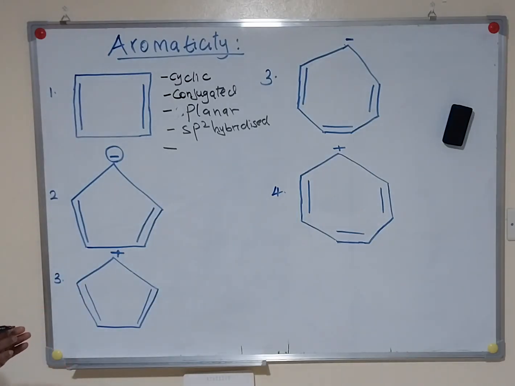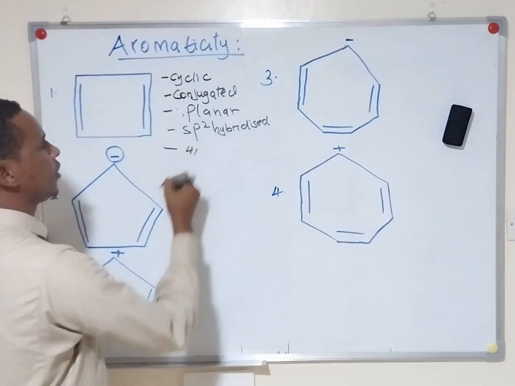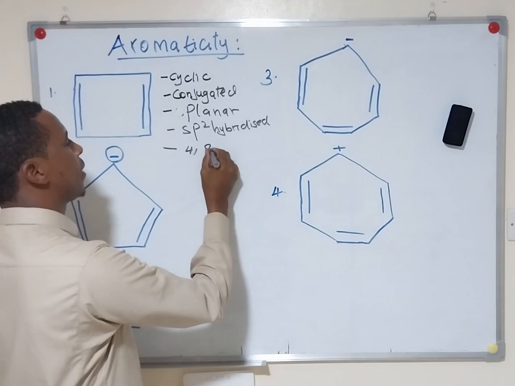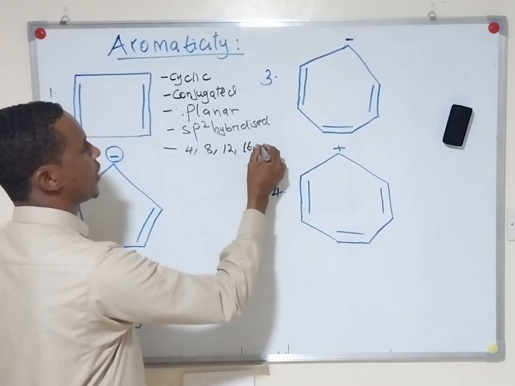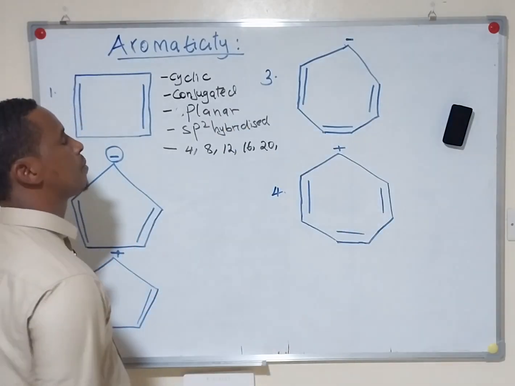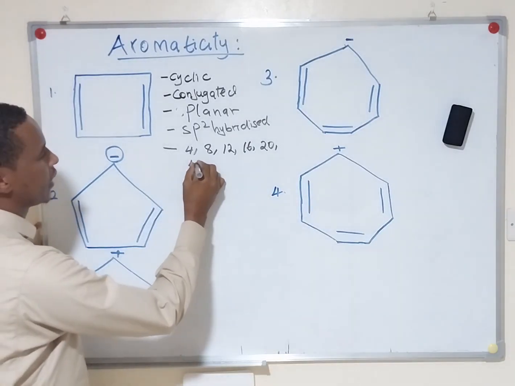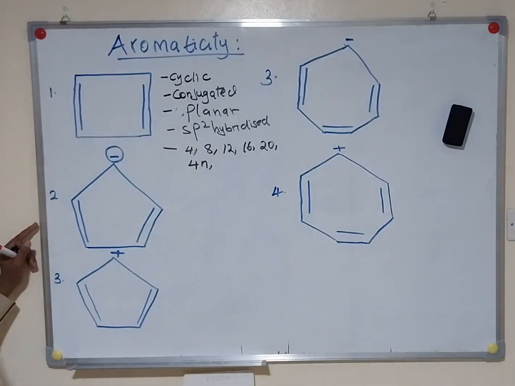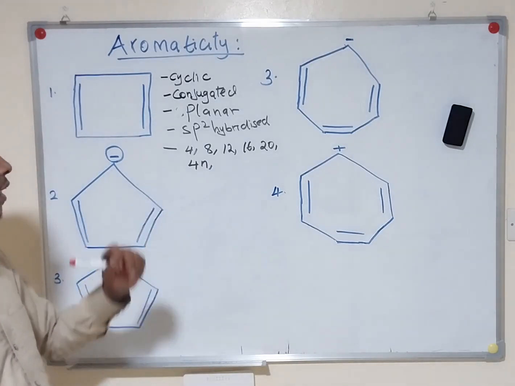That is what we want to identify. We said if the structure has 4 pi electrons, 8 pi electrons, 12 pi electrons, 16 pi electrons, 20 pi electrons, we say that the molecule conforms to the 4n rule, and it is anti-aromatic.